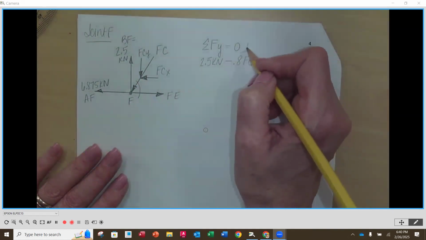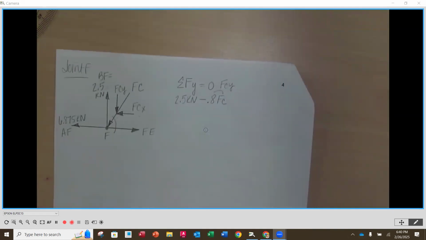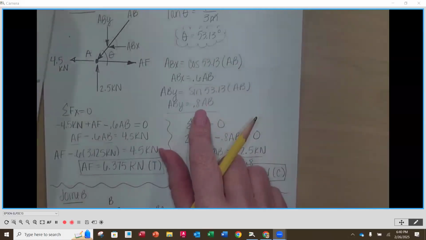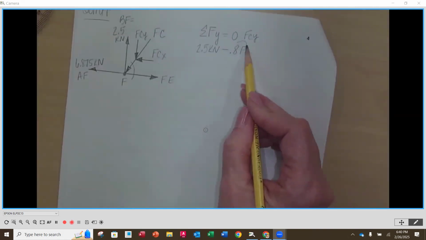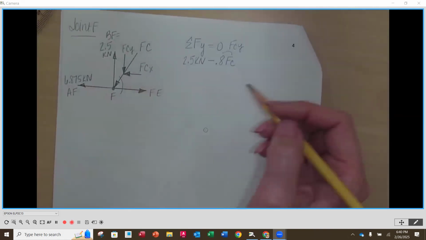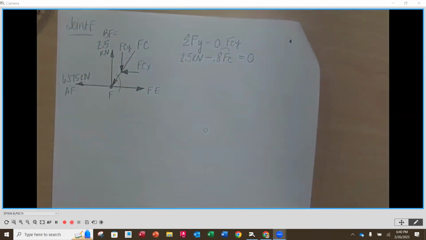So this right here is FCY. The Y component is 0.8 like it was back at joint A, because it was the sine of 53.13 degrees, okay? Those are the only two in the Y direction. We can set that equal to 0.